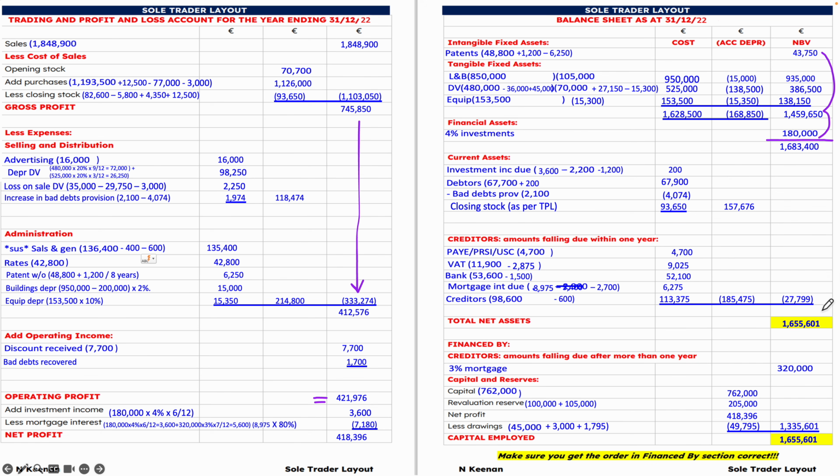You have minus 27,799 then, to give you total net assets of 1,655,601. Financed by your 3% fixed mortgage, added to your capital, revaluation reserve, and net profit minus your drawings, to get 1,655,601 there as well. So that is Leahy 2023 Sole Trader complete.